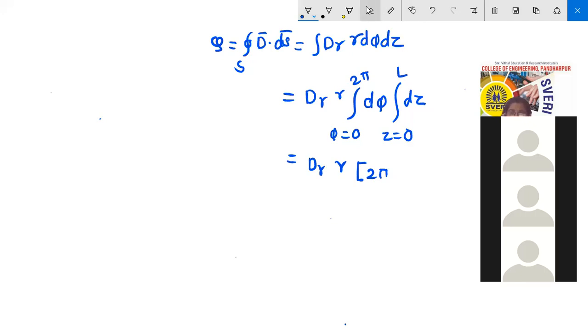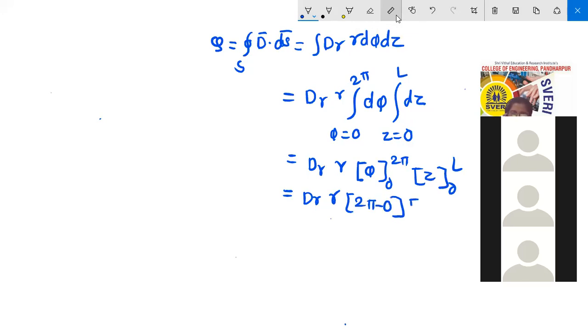First I'll write there. This integration will be phi, which is varying from 0 to 2 pi, and then z, which is varying from 0 to L. So it is equal to dr into r, then 2 pi minus 0, and L minus 0.